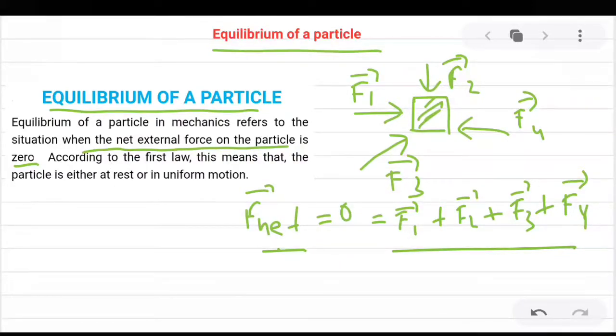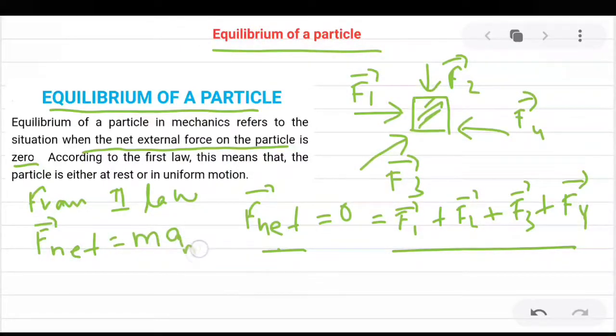Now from the second law we have seen that F net is equal to mass into A net, mass into net acceleration. Now if F net is equal to 0, this implies net acceleration is 0.